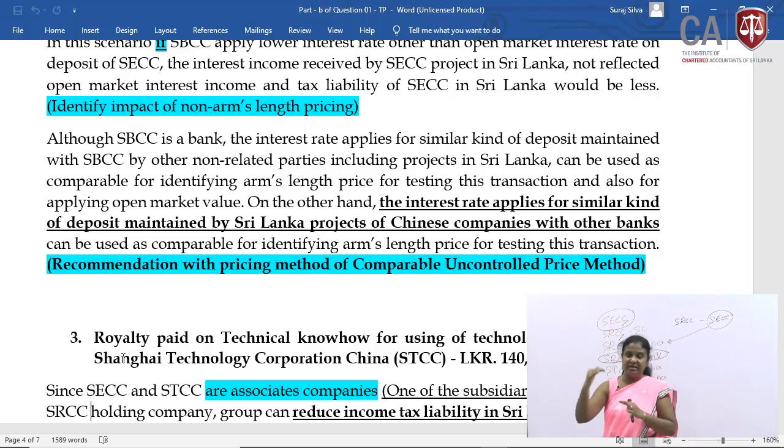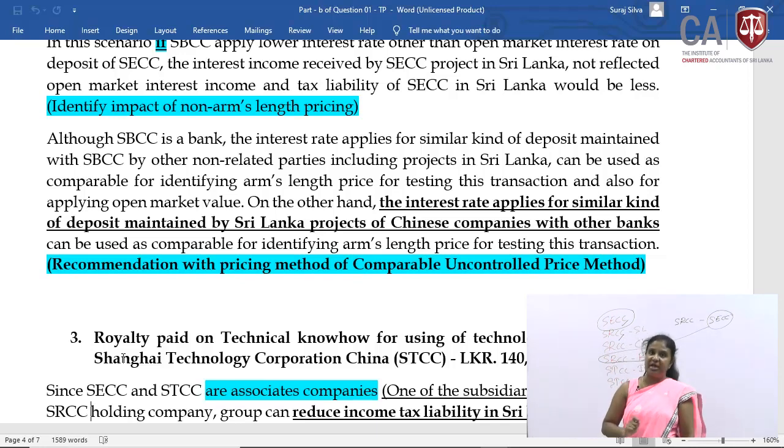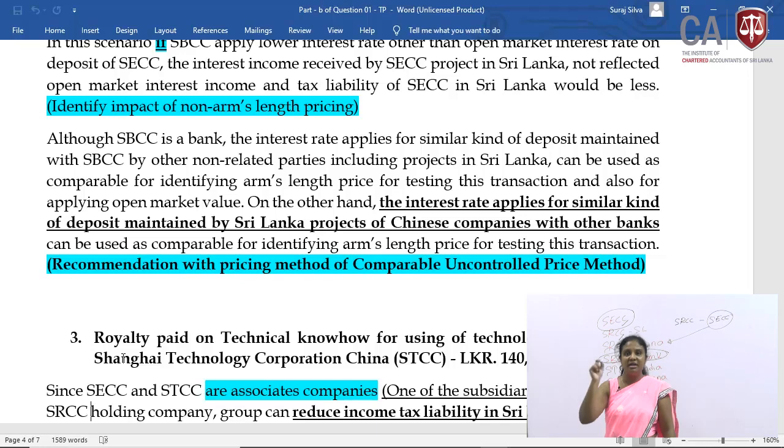We can check the interest rates of SBCC to other customers as well as what interest rate SBCC has given for other Chinese projects. Then we have a comparable uncontrolled price.